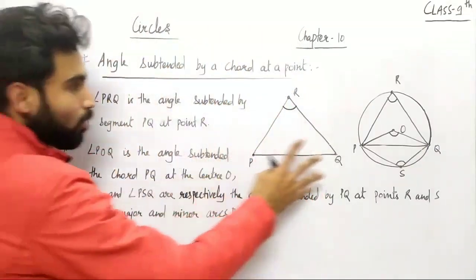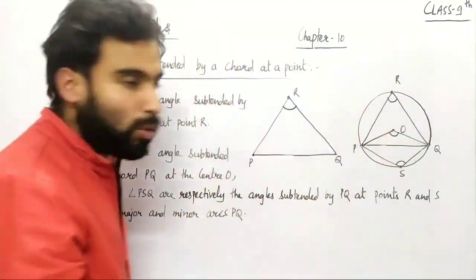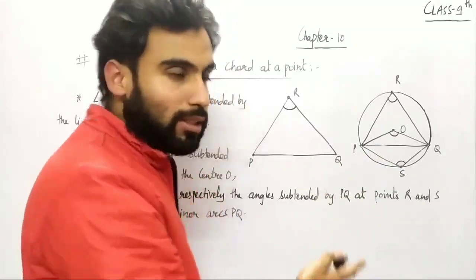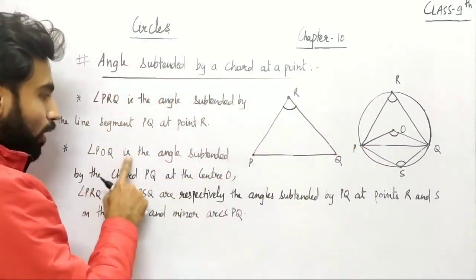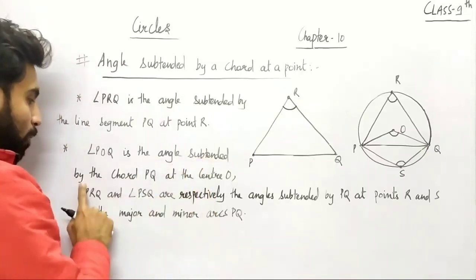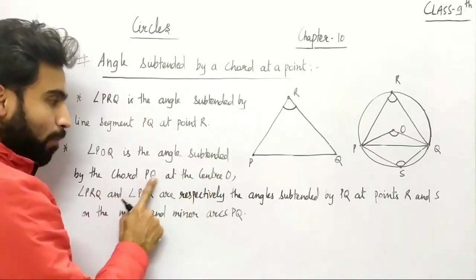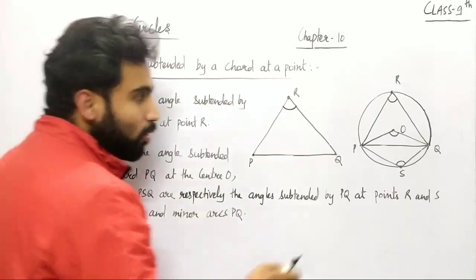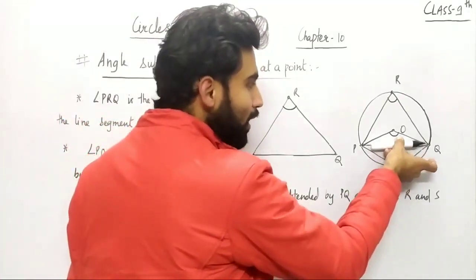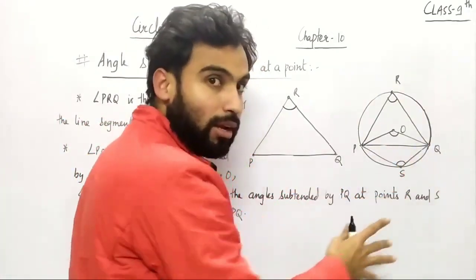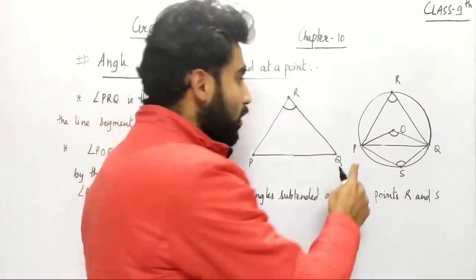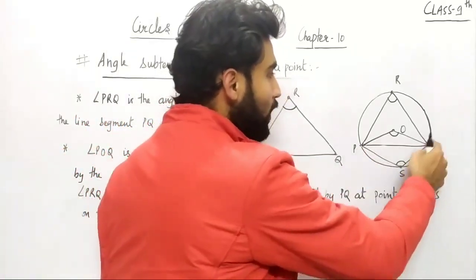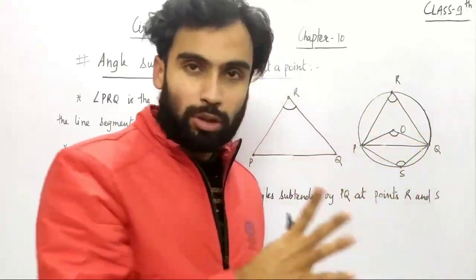Now let me talk about this circle. As I explained a few seconds ago, POQ is the angle subtended by the chord PQ at the center O. If you look carefully, PQ is the chord of this circle. I told you in the previous introduction that the points P and Q lie on the circumference of the circle.